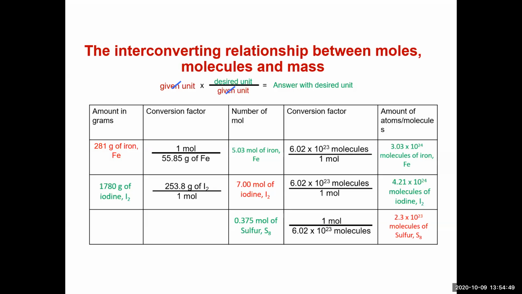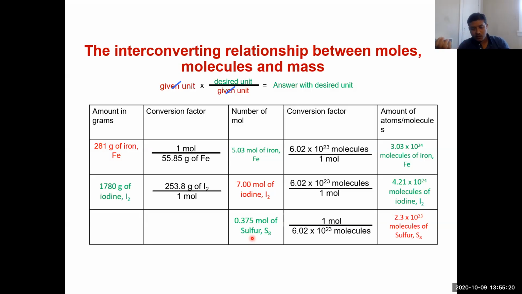Okay. So what we have here is moles of a compound called sulfur. It has the molecular formula S8, and we are trying to identify how many grams of S8 are present in 0.375 moles. The only clue that we have is how much any matter is going to weigh if you have 1 mole of it.